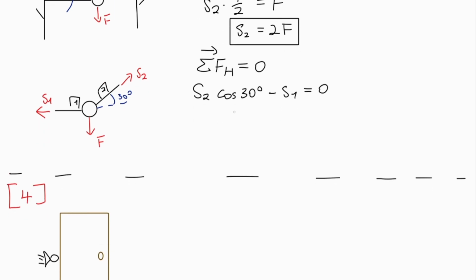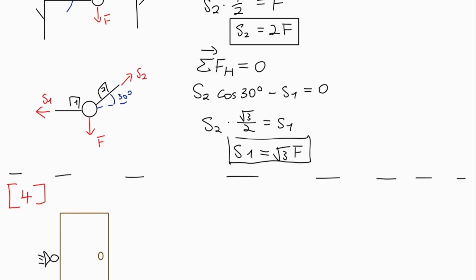Cosine of 30 is square root 3 over 2, so I know that S2 times square root 3 over 2 is equal to S1. S1 is going to be equal to square root 3 of F. Okay. If you want a bit more clarity, S2 can be substituted in with the previous result. So that's how we get square root 3 of F.